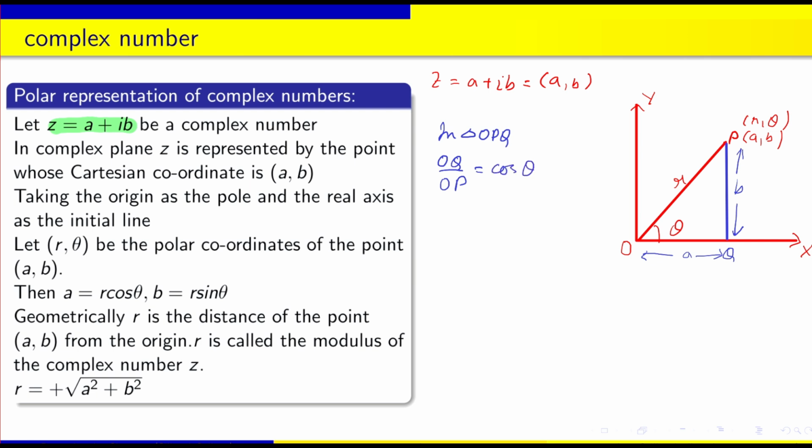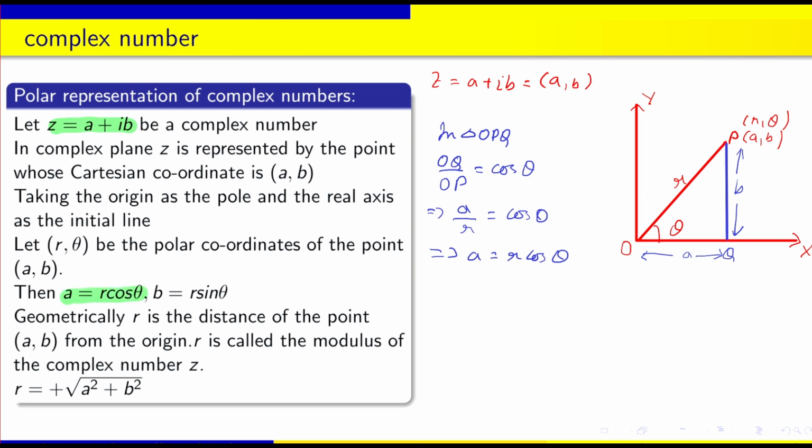So OQ is a and OP is r, so a by r is equal to cos theta. So a is equal to r cos theta. We get this relation, a = r cos theta.